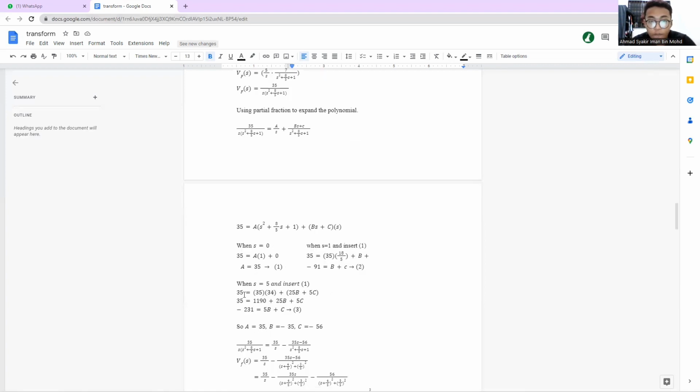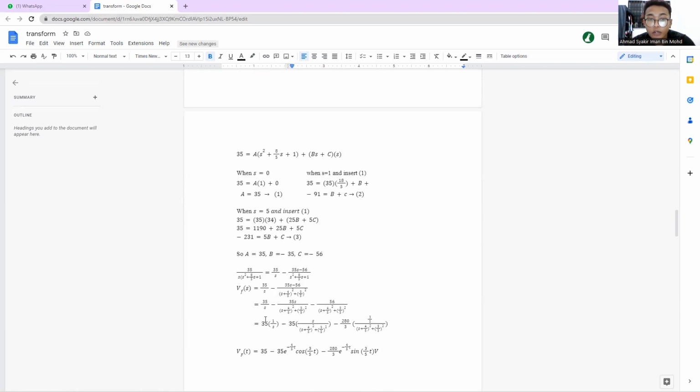Next, we use when s equal to 5 and insert equation 1. So the last, we got 35 equal to 1190 plus 25B plus 5C, so negative 231 equal to 5B plus C. So A value is 35, B is negative 35, and C is negative 56. From these values, we can find the VF(t).